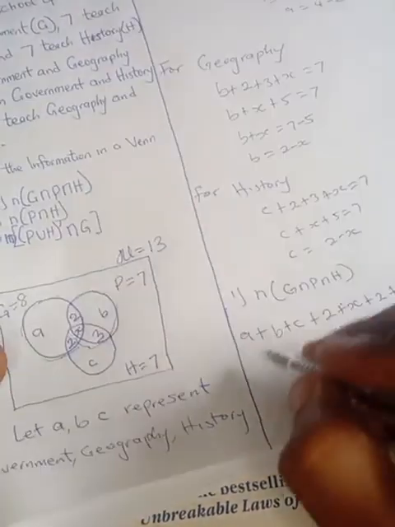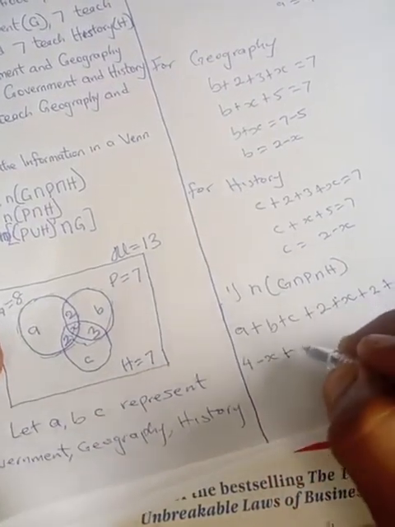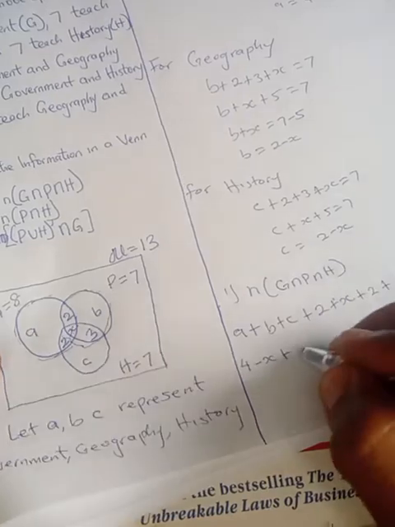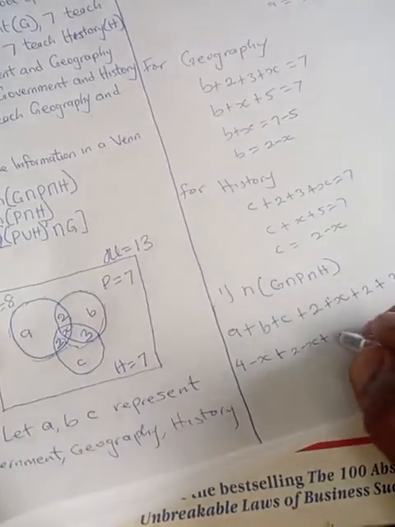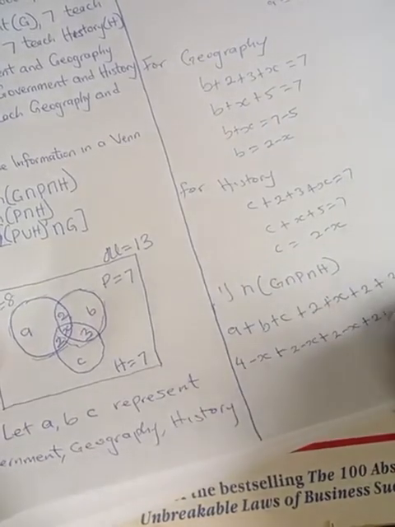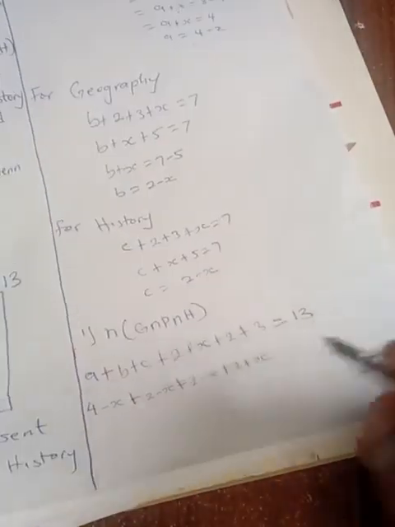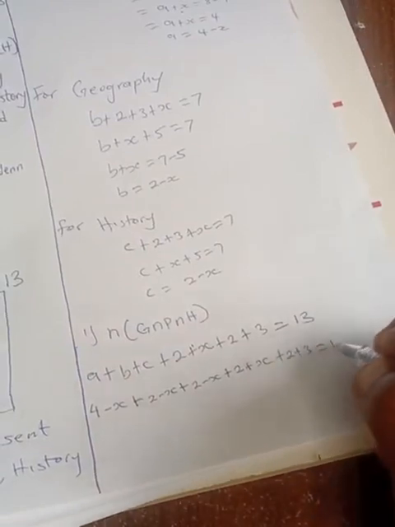So let's add. Our A is 4 minus x. Don't let this confuse you. B is 2 minus x, plus C is 2 minus x, plus 2 plus x. So you are following? Plus 2 plus x plus 2 plus 3 equal to 13.